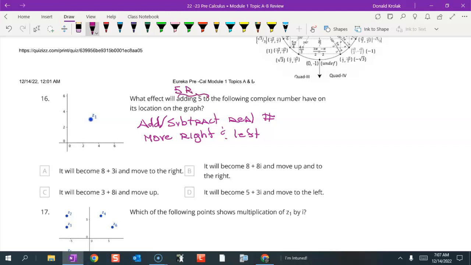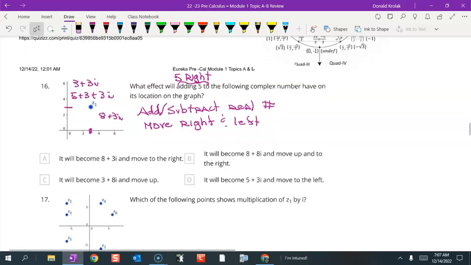That's going to be 5 right. All right, so it's currently 3, 3. So it's 3 plus 3i. So when I add 5 to it, it's going to become 8 plus 3i, and it's going to move to the right.